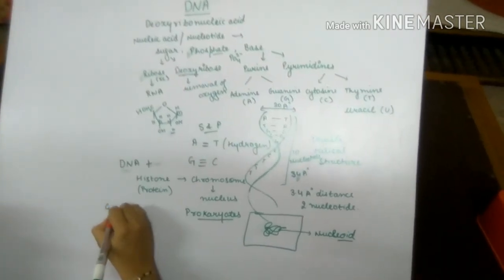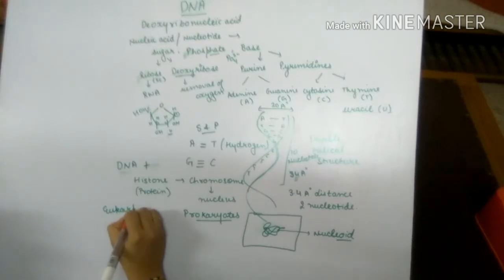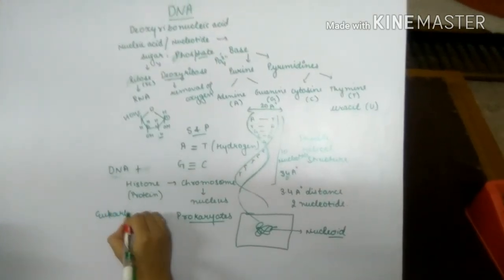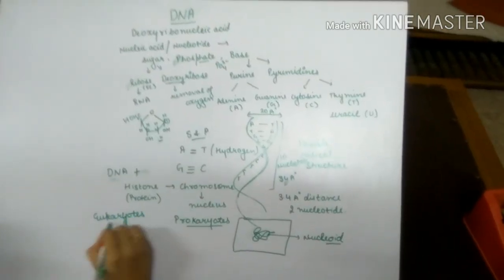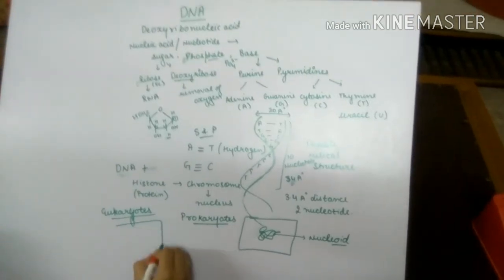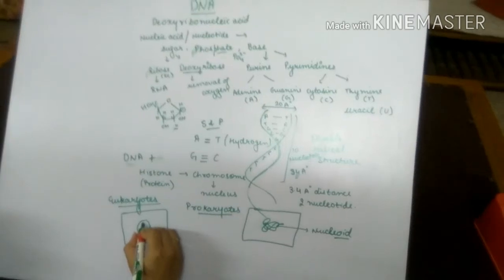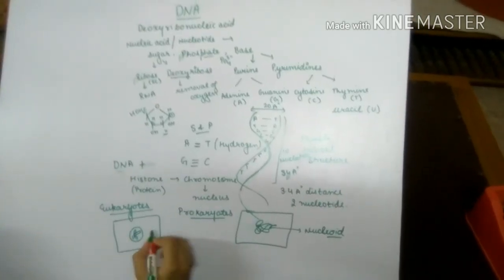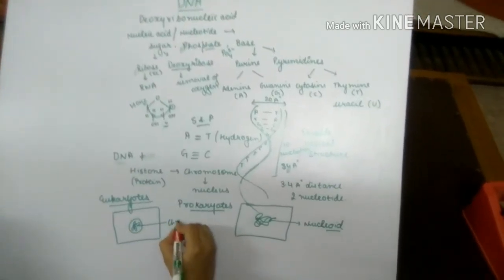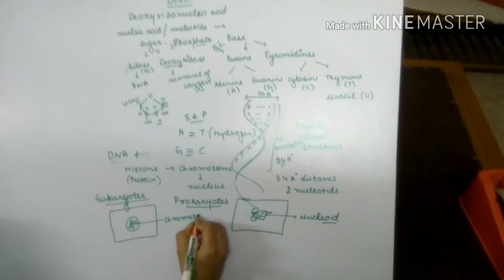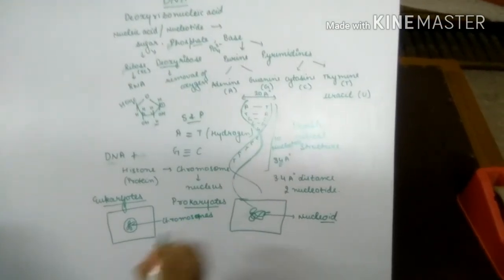But in the eukaryotes, which consist of plant and animal cells, DNA or a chromosome is present inside the nucleus. Chromosome is made up of DNA.